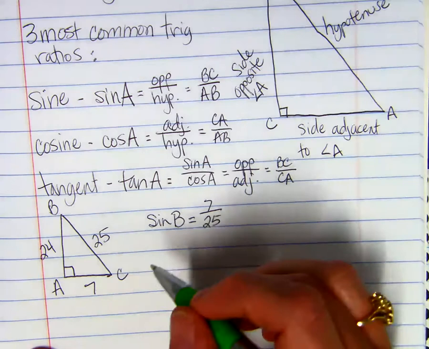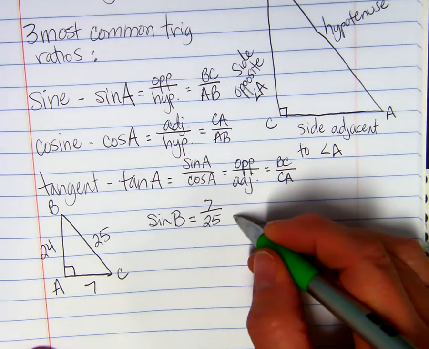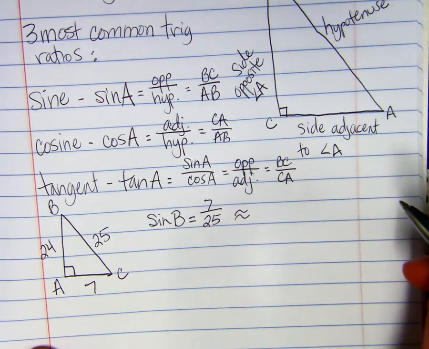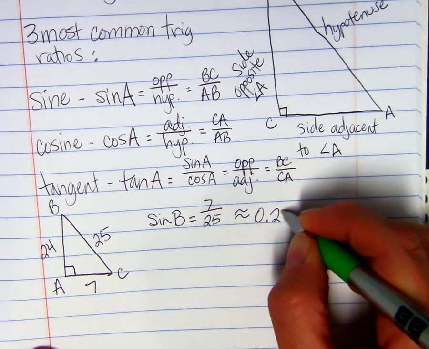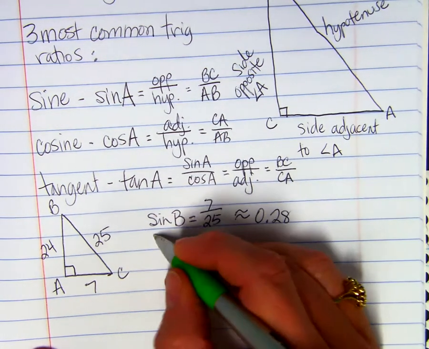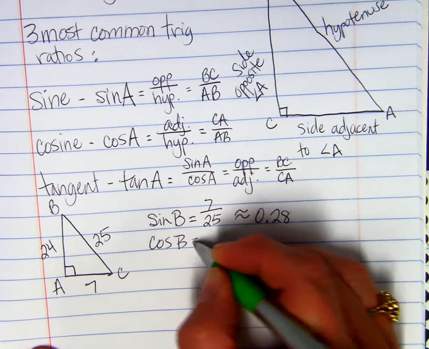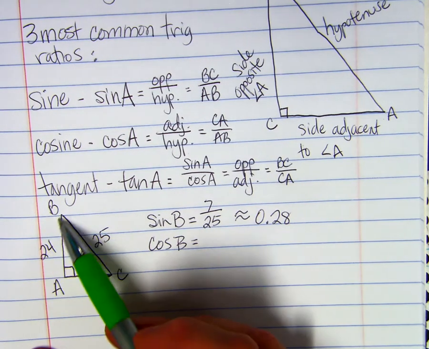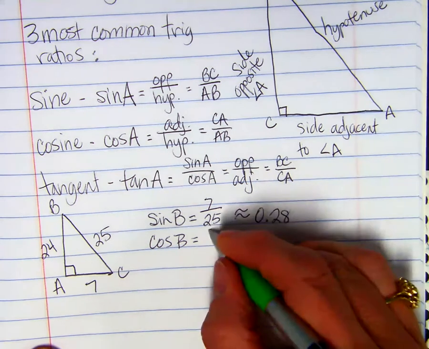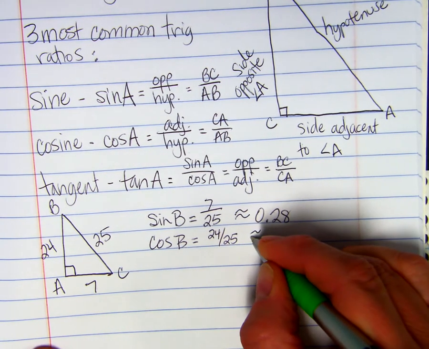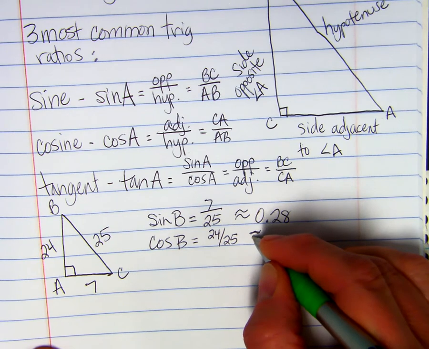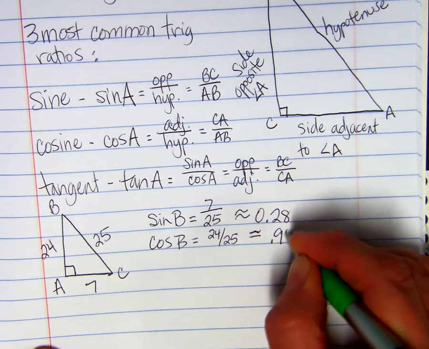So 7/25 is the sine of angle B, and that is equal to 28/100. The cosine of B is the adjacent side to B, so 24 over the hypotenuse, 25, which is equal to 96/100.